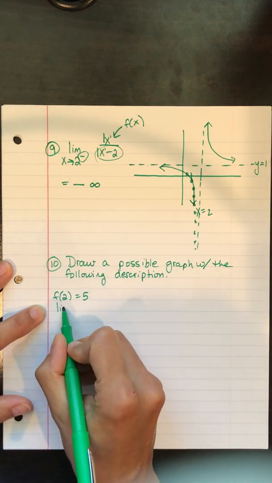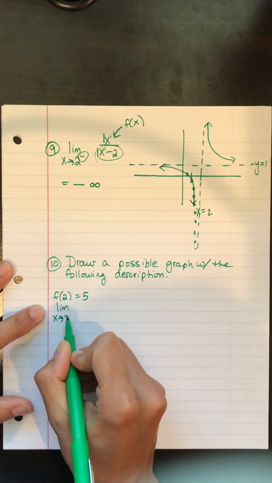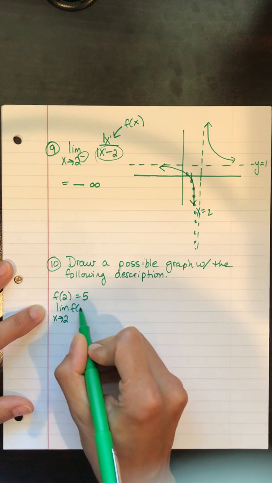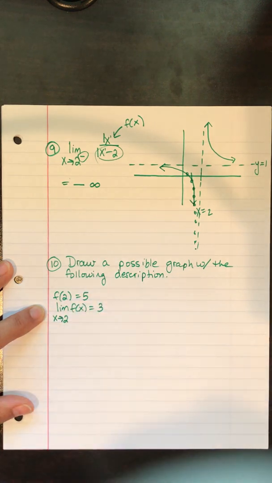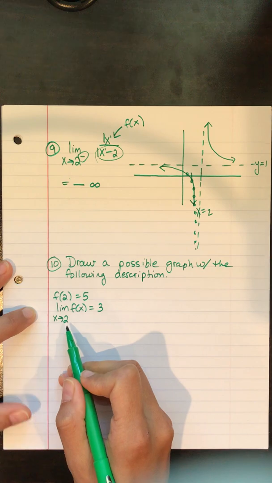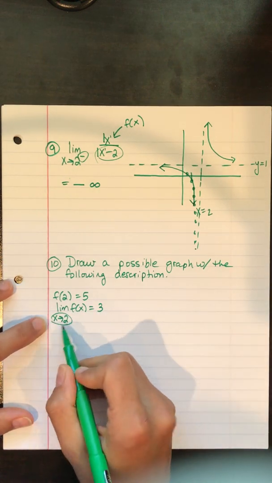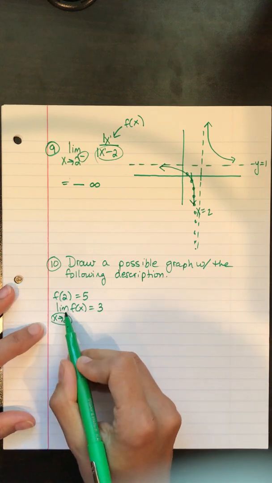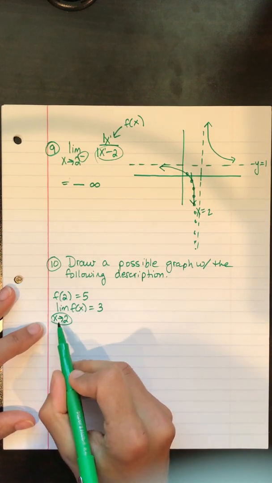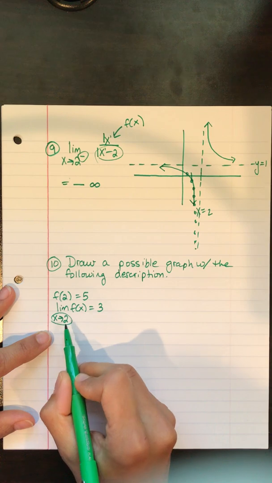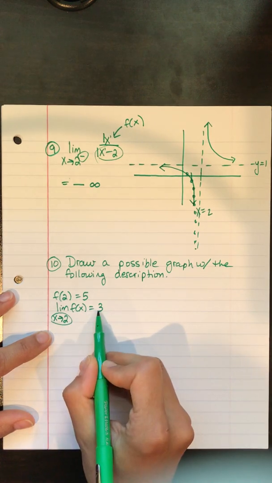Also, it's got a limit as x approaches 2, and it is 3. Now, I didn't say 2 from the right, 2 from the left, but I did say at 2 is 3. What conclusion can you make when I say that the limit of f of x as x approaches 2, like at 2, not left or right, is equal to 3?